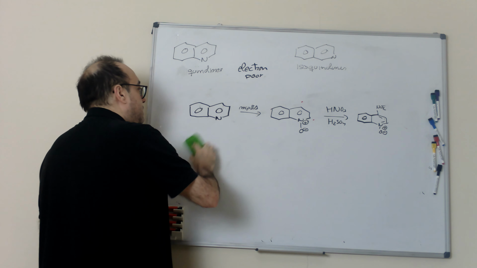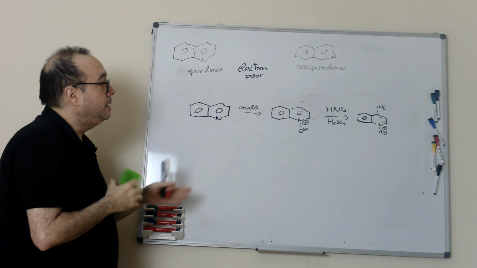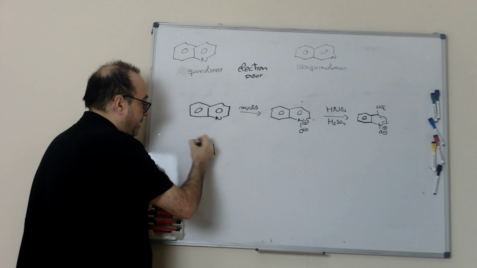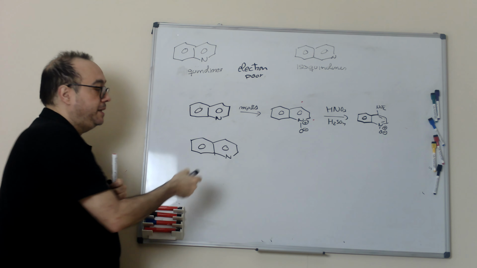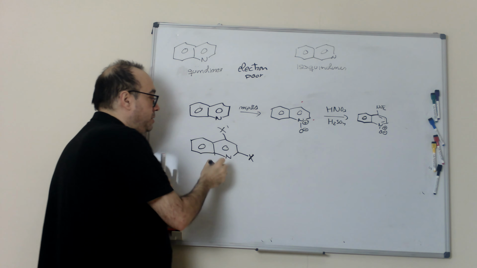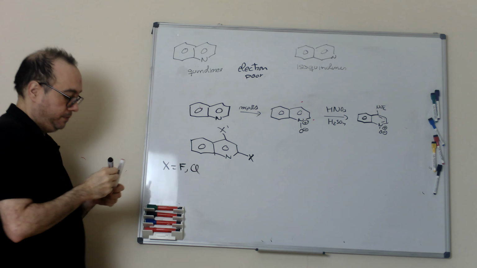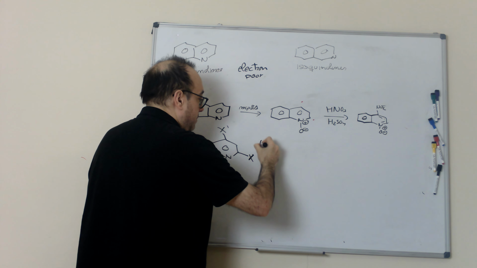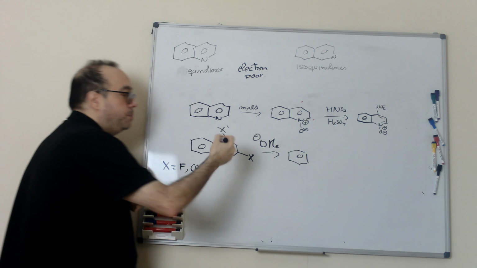Good. Then the nucleophilic aromatic substitution will work very well. Typical examples are, remember that this is a pyridine ring, that means if we have a leaving group X in this position or in this position, what will happen is that we have the substitution very easily because it's an electron poor ring.